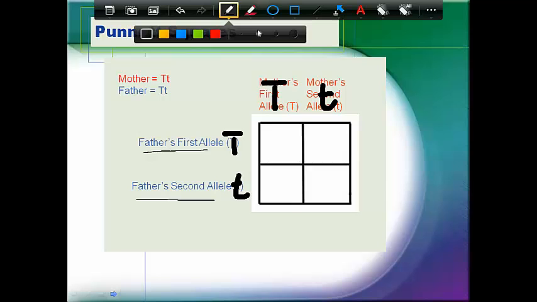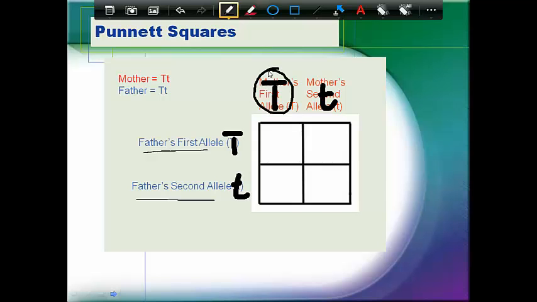So this big T allele right here and this big T allele right here are going to come together in this box. It's kind of like Battleship if you ever played it. You line up the rows and columns to where they match.